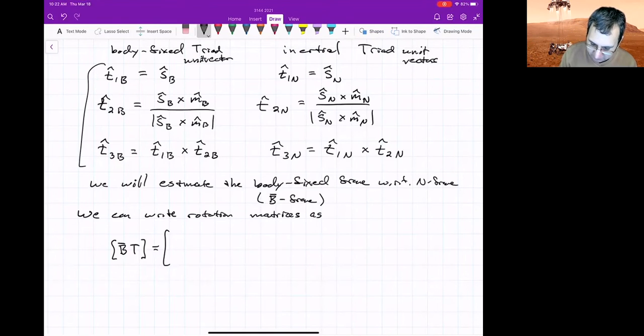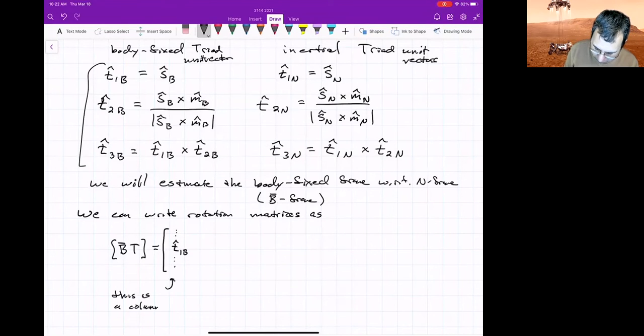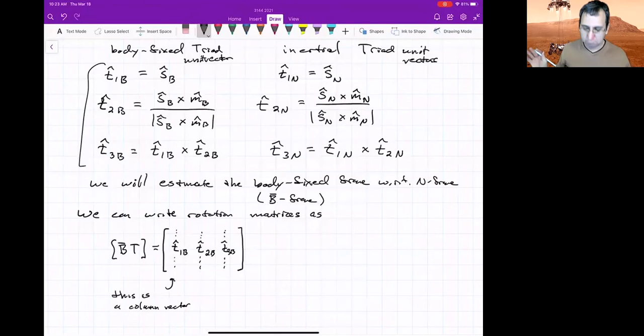And just to remind us of that, I'll write it this way, T1B, and that's a column vector. So I'll just put dot, dot, dot, dot, dot, dot. That just reminds us this is a column vector. So it means the first entry is the B1, second entry is B2, third entry is B3. Okay. And then the second column, as you could probably guess, will be T2B. And then the third column, T3B. So we construct it as columns.